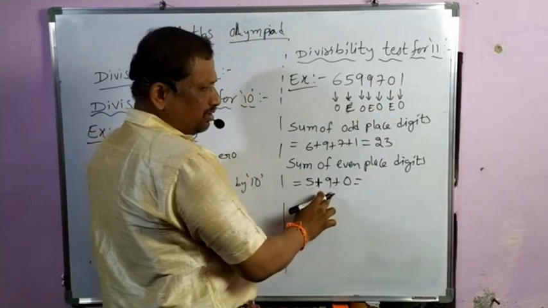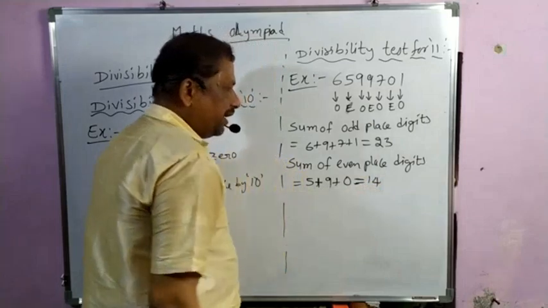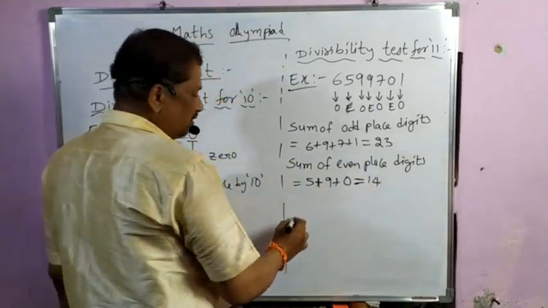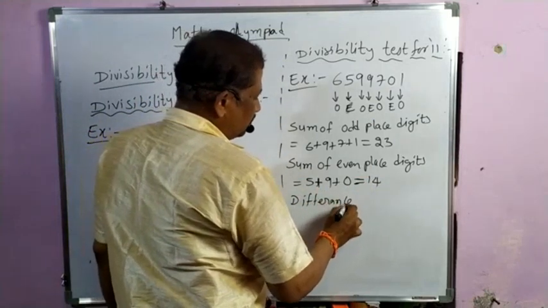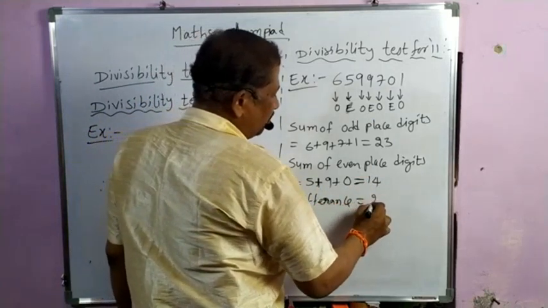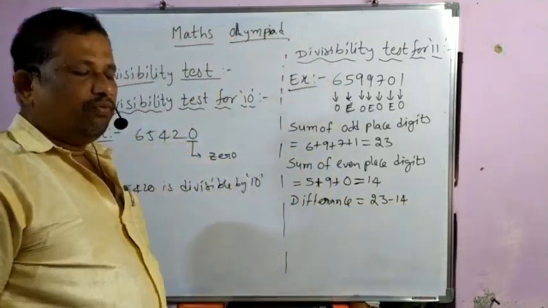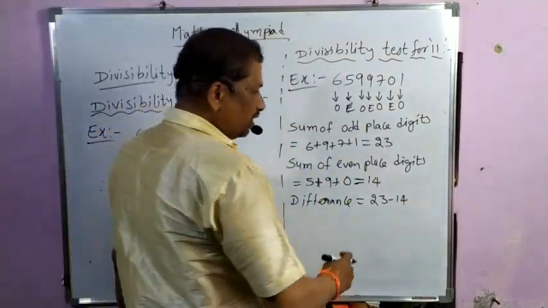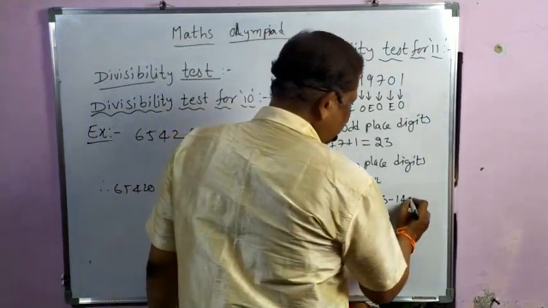So 5 plus 9, that is 14. So we have to take the difference of these two sums. Bigger number minus smaller number. 23 minus 14. What do you get here? 9 units.